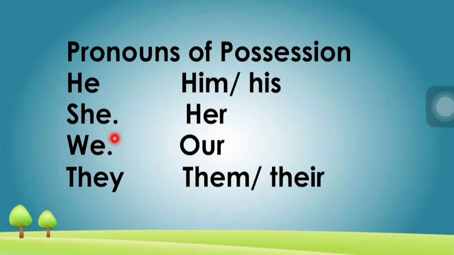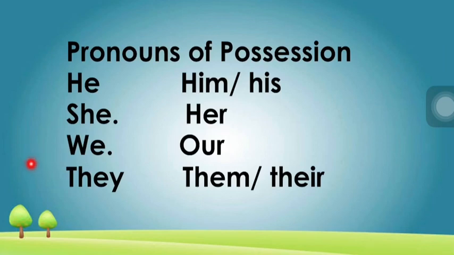When you are a part of two or more people or group, then you will use we. For instance, I, my brother and sister woke up early morning. So you are a part of this, so rather than writing I, my sister and brother, you can write we woke up early morning.